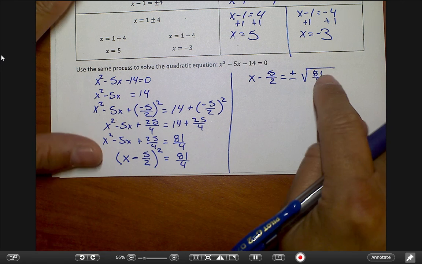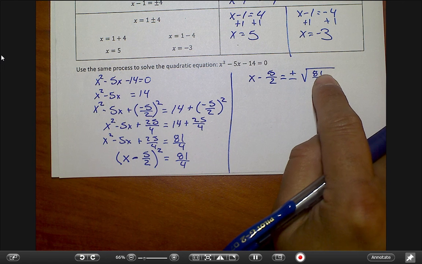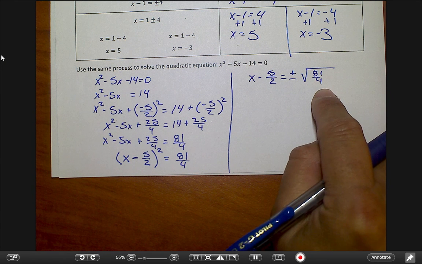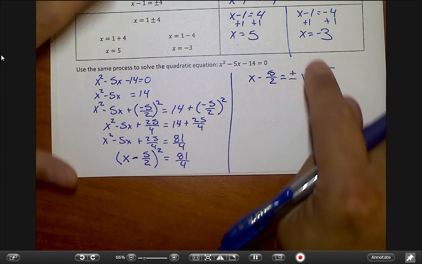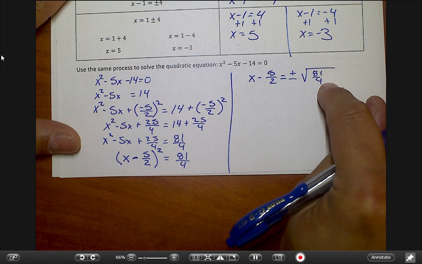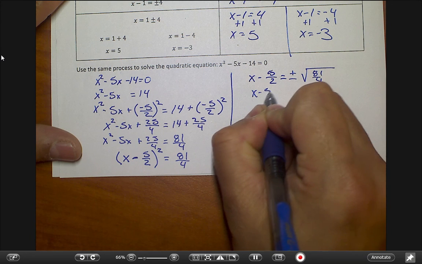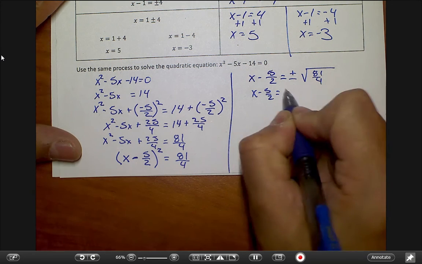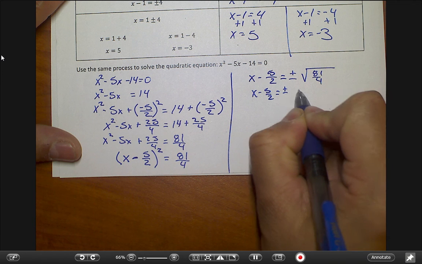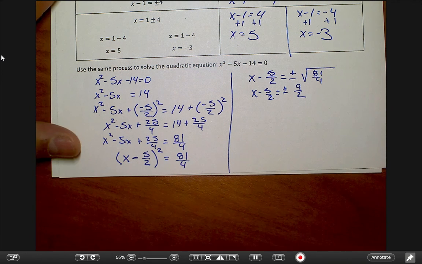Okay? Now, 81 is a perfect square and 4 is a perfect square. So the square root of 81 is 9 and the square root of 4 is 2. So it's going to be x minus 5 over 2 is equal to plus or minus 9 over 2.